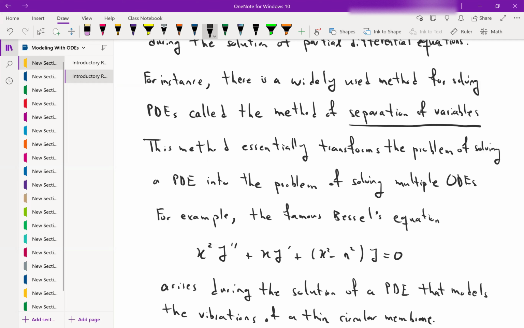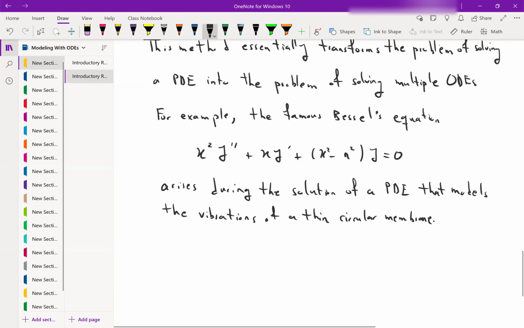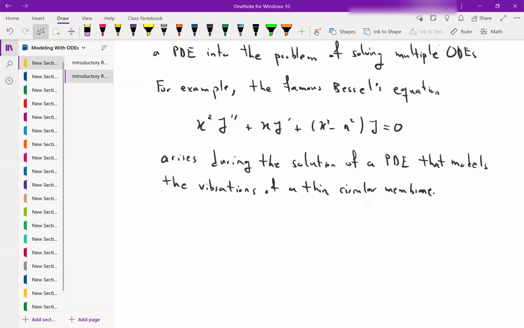Here, for example, you need to solve a wave equation, a partial differential equation about vibrations of a membrane, and at some point during the solution, you will arrive at this ODE.